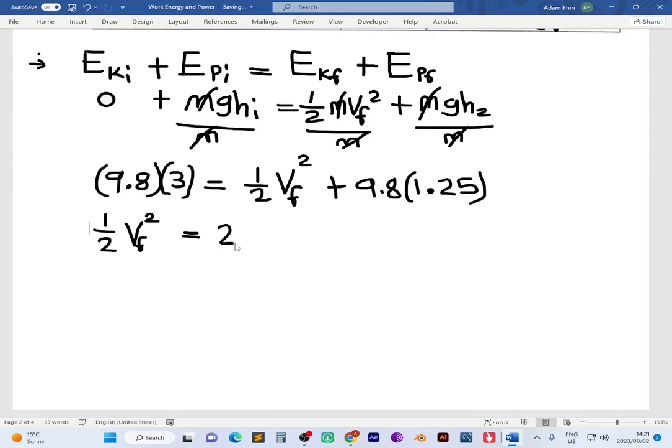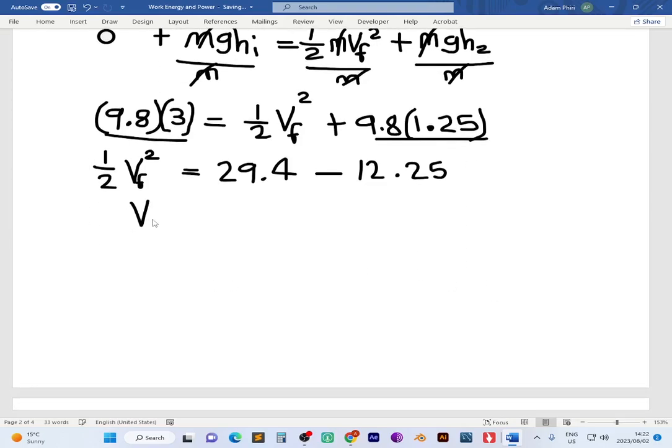So you have half, which in this case is 29.4, and then on that one there is going to be 12.25. That is for that other part, because remember that one moves to the other side.